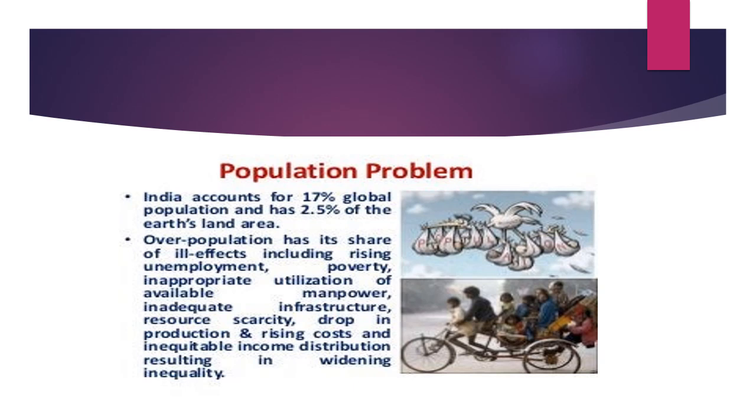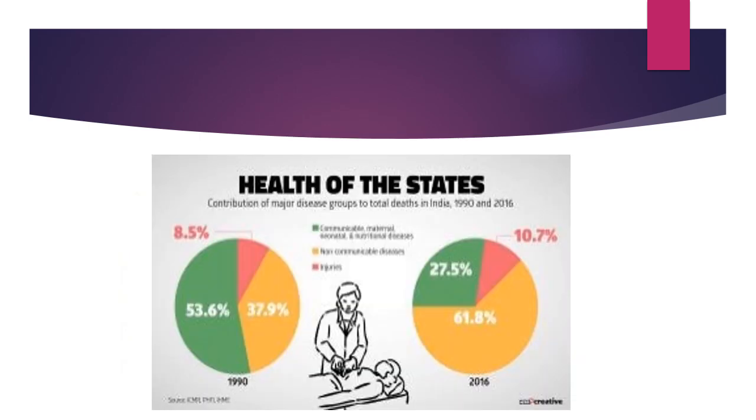Also a drop in production and rising cost. Everywhere you see the cost of everything, especially food, going higher and higher. These are the problems that happen because of population growth.